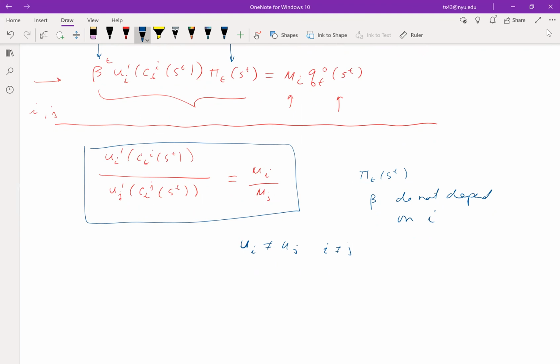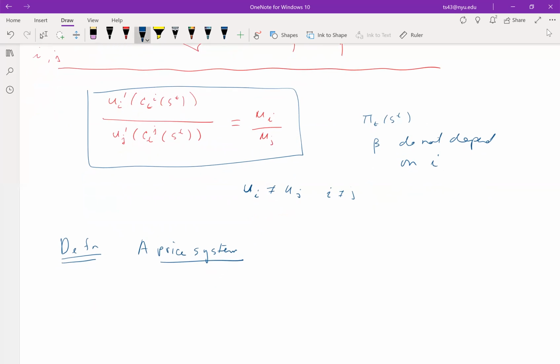Okay, so now we're going to need some definitions. So we need a definition of a price system and an allocation. So what's a price system?